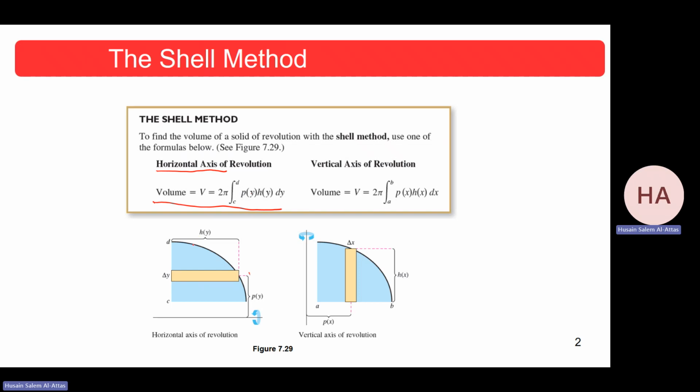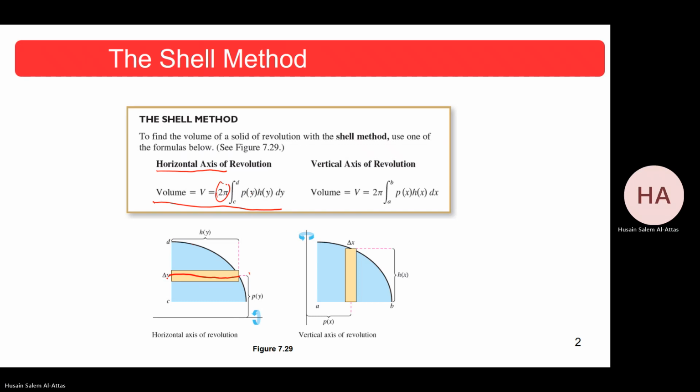H of y is the length of this line, which is in this case the function minus, depends on this one. I will talk about the details, but it will be the length of the line. And the other one, P of y, will be the distance between the line and the axis of revolution. I think by the examples it will be clear.